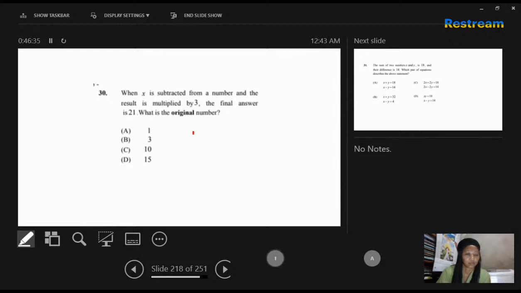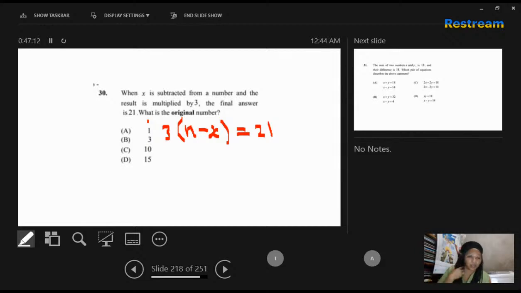So, when x is subtracted from a number, that's n minus x, and the result is multiplied by 3. So it would be 3 times n minus x, and the answer is 21. So what is the original?